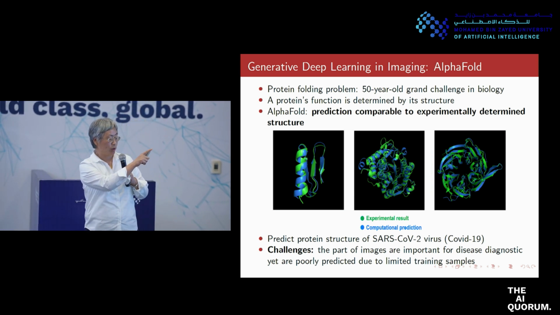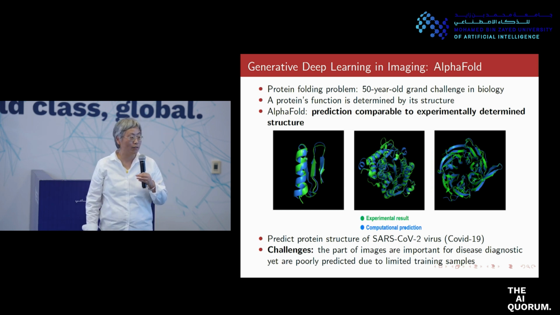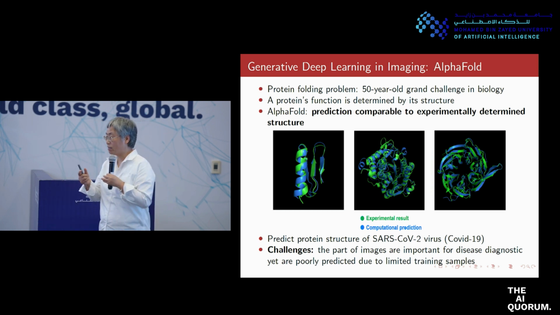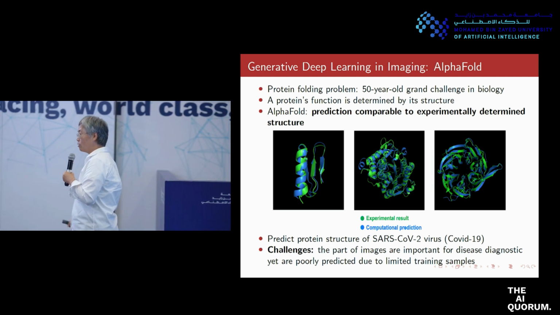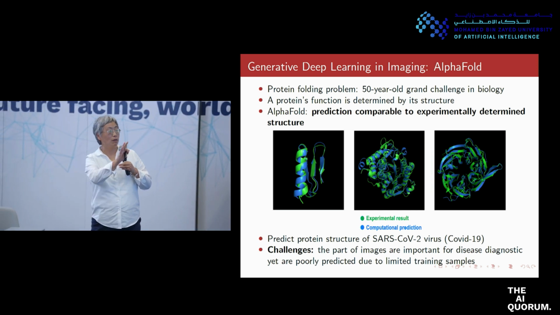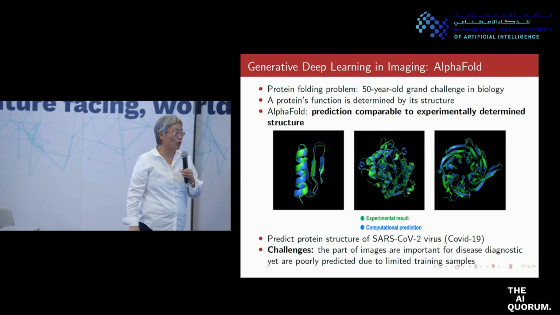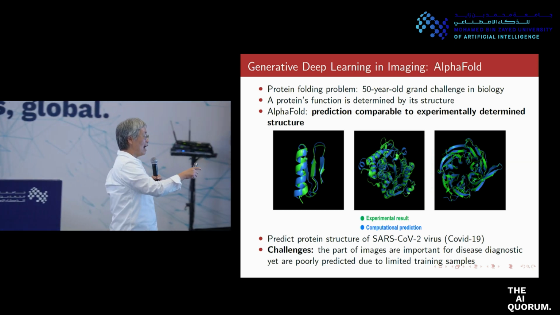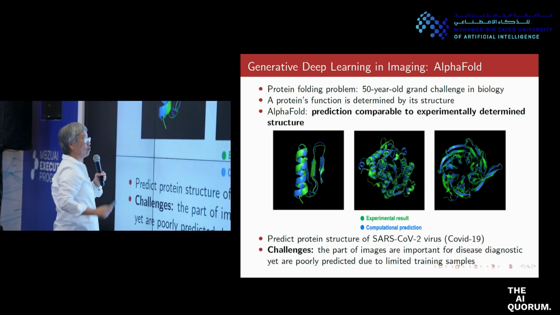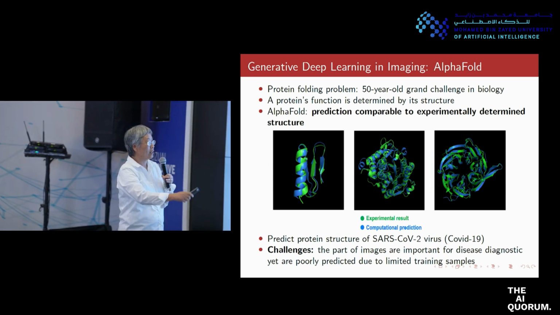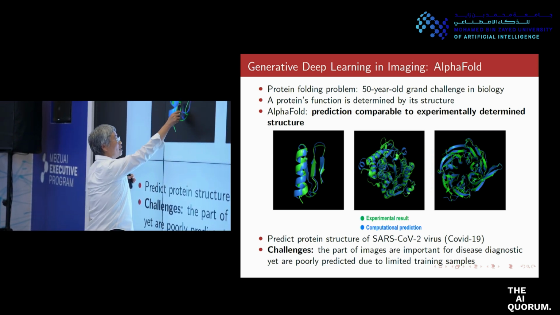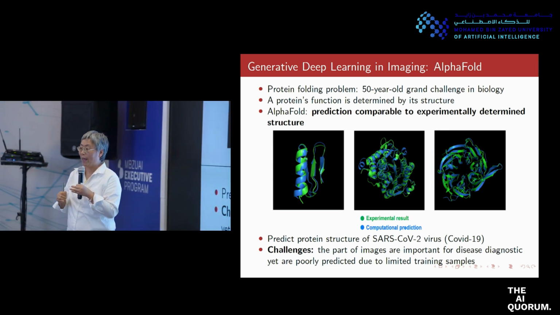This actually predicts the protein structure of SARS-CoV, the protein virus. If you look at the surface, you see they're doing really well, right? Especially with the fatty lines, you see they seem to cover very well. But if you look more carefully, there's something here and there that's not really matched.